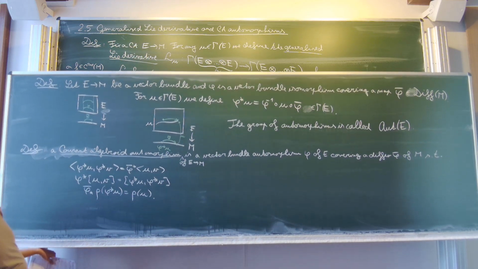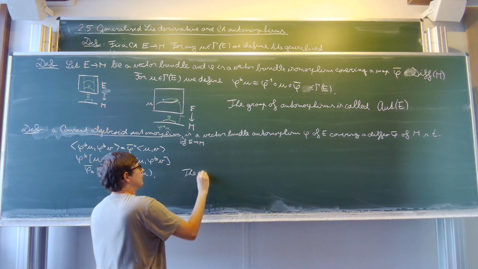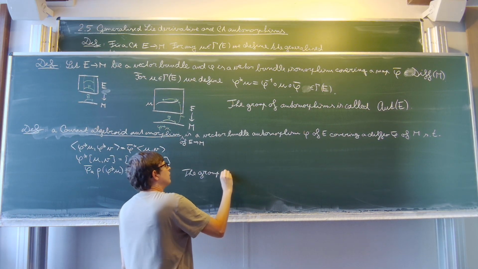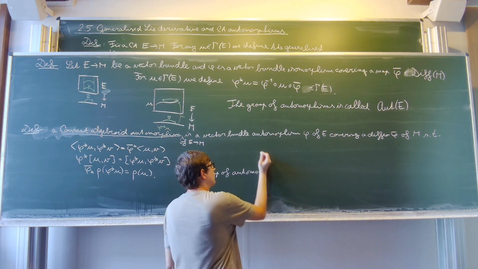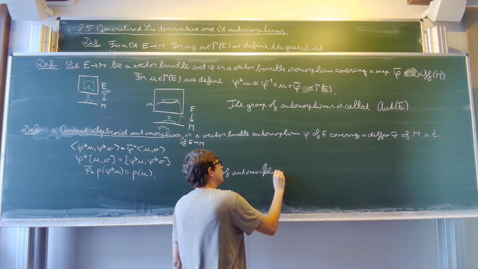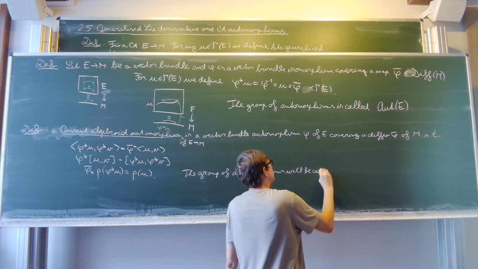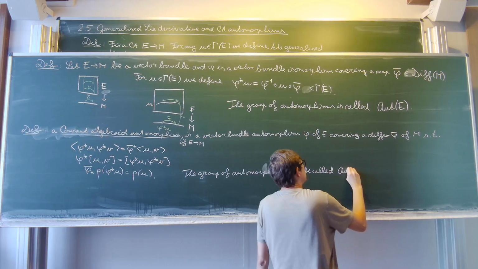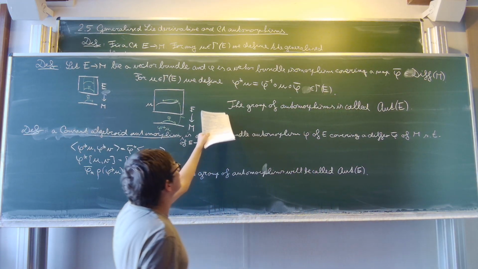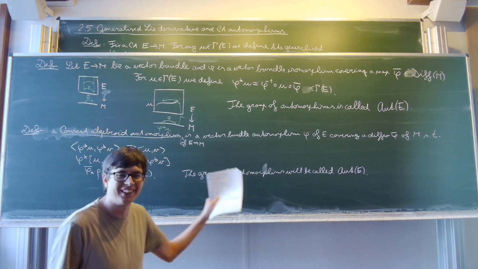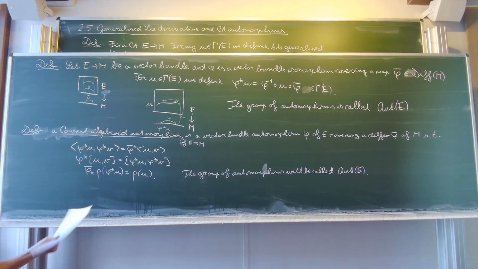And the group of automorphisms will be called Aut E. That definition out there was supposed to come here, so we can use it in both instances.